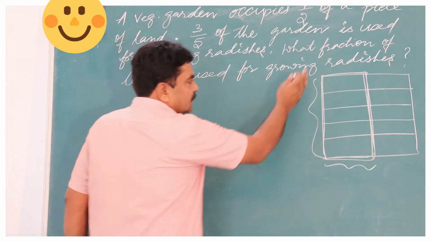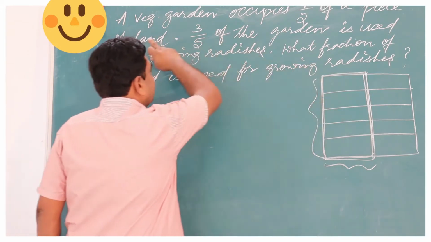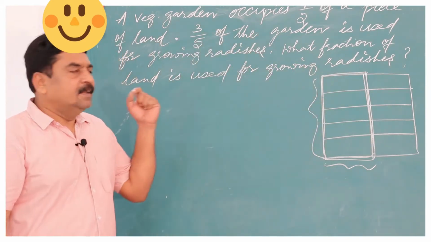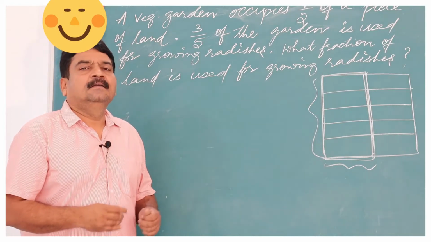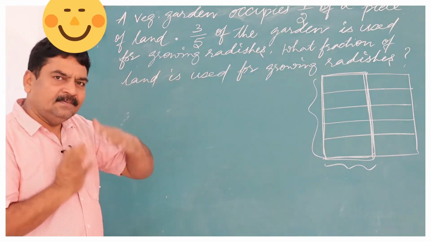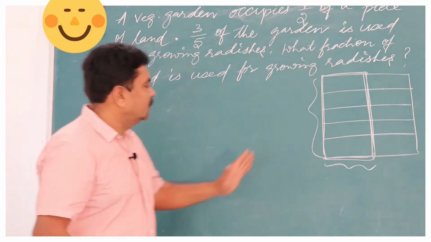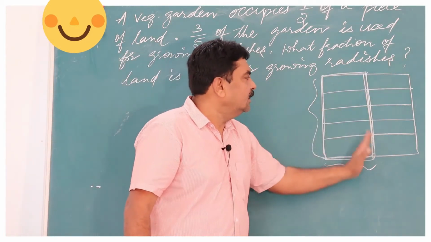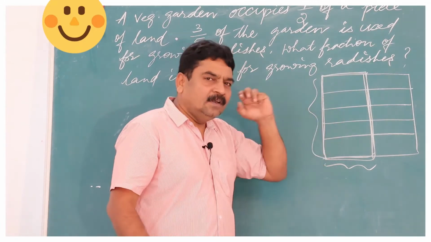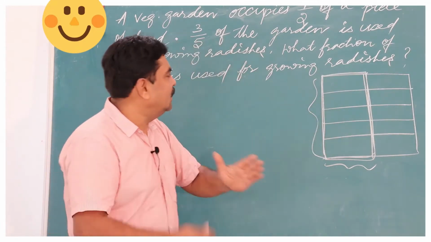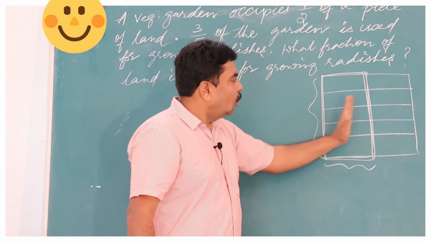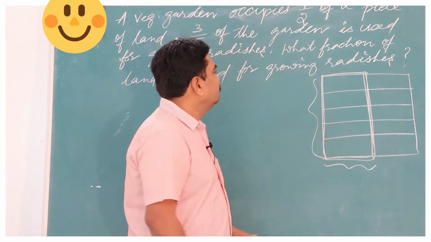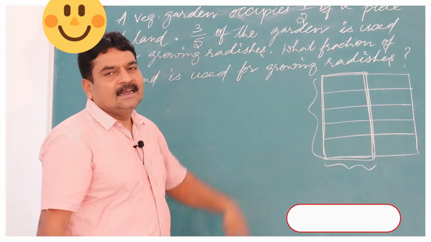In the first sentence, a vegetable garden occupies half of the piece of land. So this is the complete land, and out of this complete land, half of the land is used. So we'll consider only half of the land here, and out of this half, 3/5 of the garden is used.